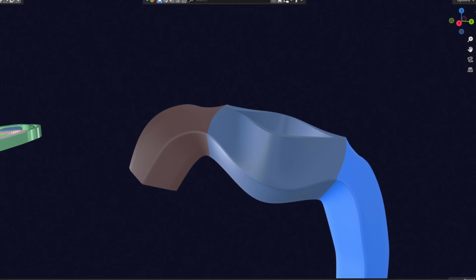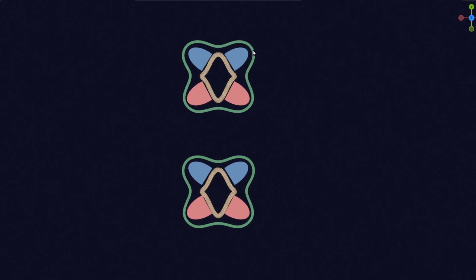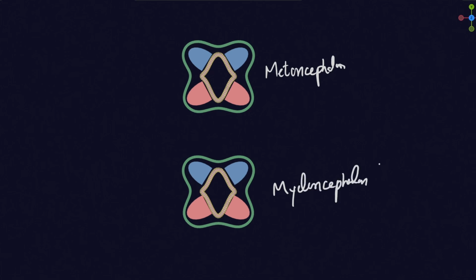So now let's move forward and try to understand what happens next. Here are the two cross sections. This upper one is the section of metencephalon, and this lower one is the section of myelencephalon, which will form medulla oblongata.